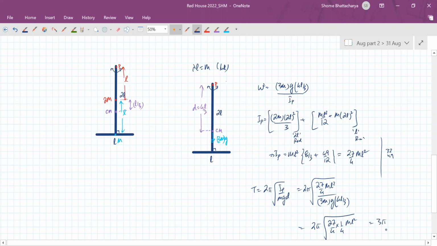So this is 3 pi under root 3L by g. And I hope all of you understood in general the method and the concept in these type of questions.